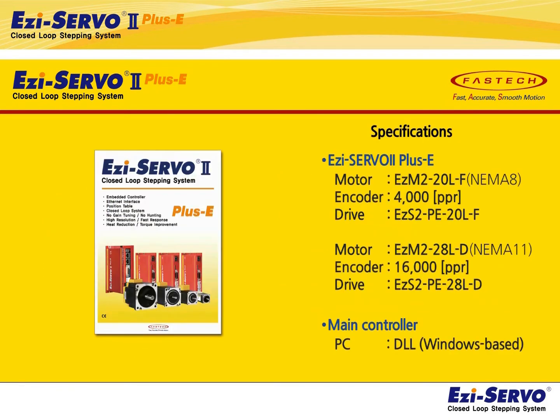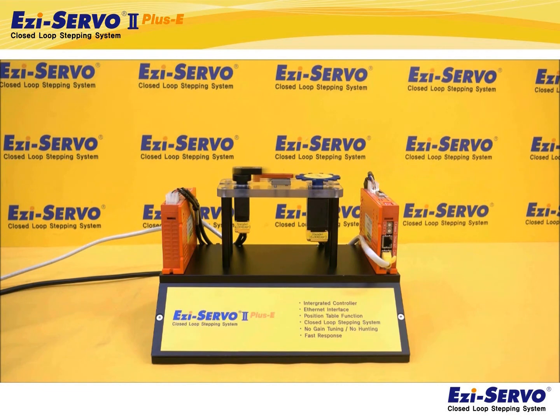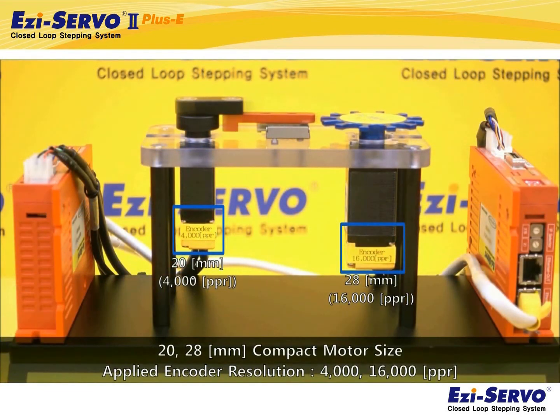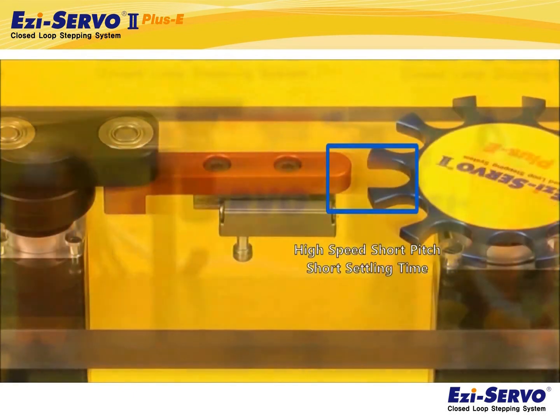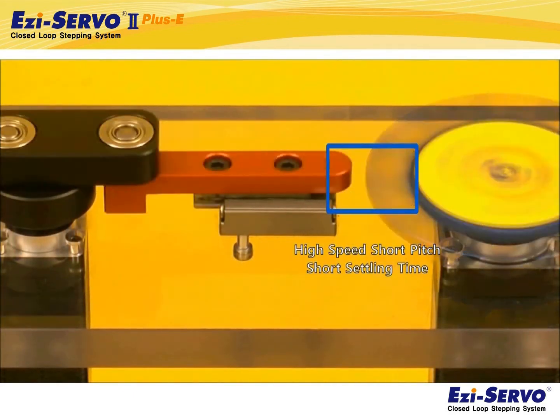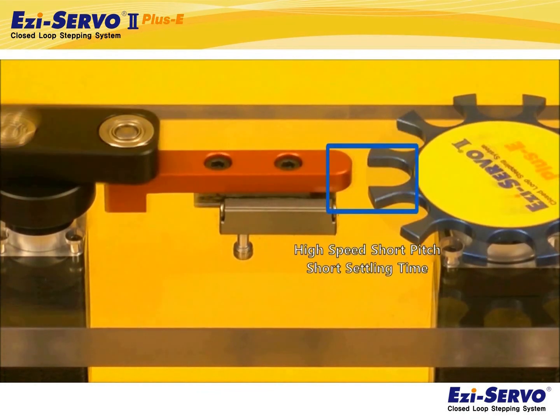The product names used in this demonstration are as follows. Our product provides high resolution of 4000 PPR and 16,000 PPR even with small size motors. Due to the characteristic of the stepping motor, it can be stopped precisely at the desired position without hunting.